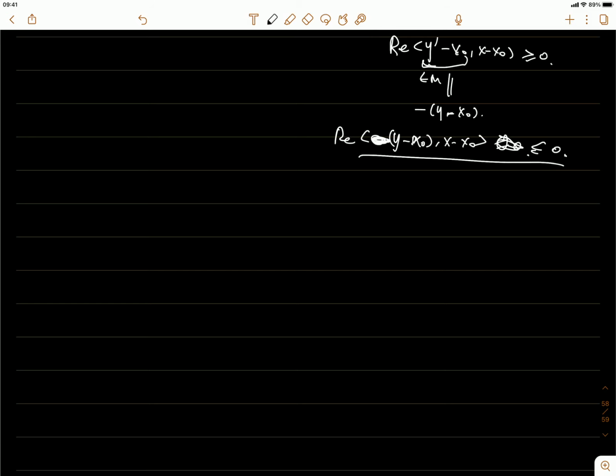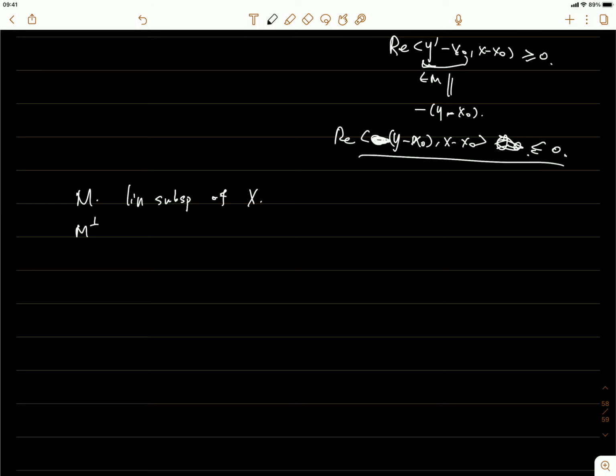And I think the one last thing we want to show in this chapter is that when we have a linear subspace, so let's say I have a linear subspace M of X, then we can consider M and its orthogonal space.